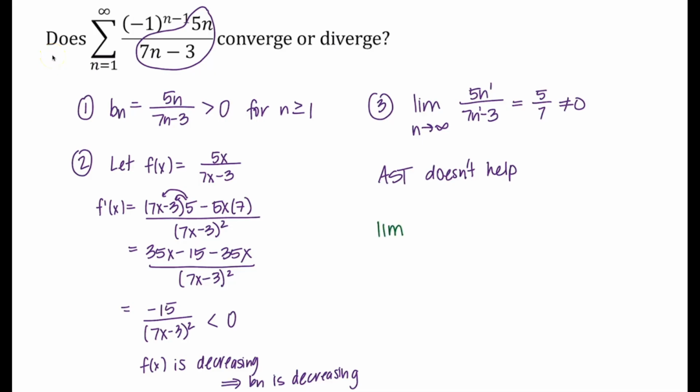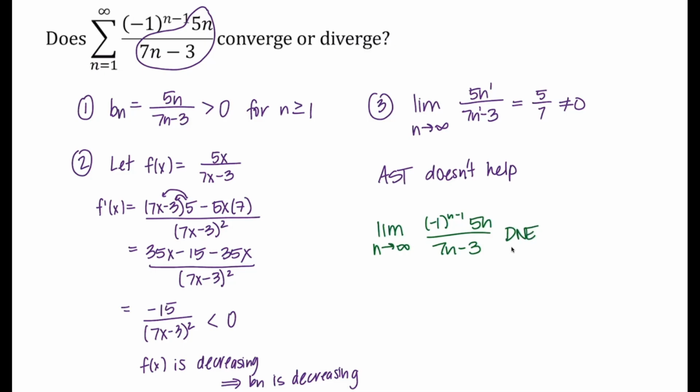So if we looked at the limit as n approaches infinity of negative 1 to the n minus 1 times 5n over 7n minus 3, well, we know that without the alternating factor, we get 5/7. What the alternating factor does is it makes these terms alternate and get closer to positive 5/7 and then negative 5/7, positive 5/7 and negative 5/7, which means that towards infinity, this limit will not exist.